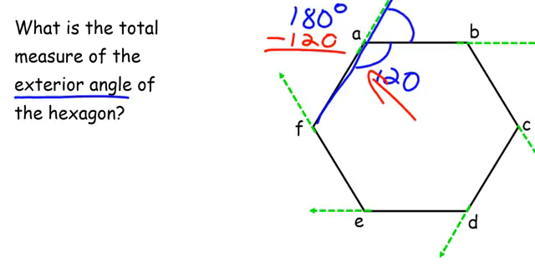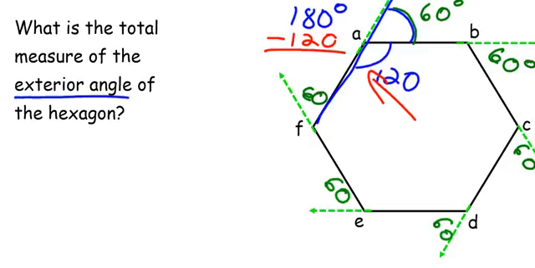And in the end, this angle right here is equal to 60 degrees. And because that's equal to 60, that means this is equal to 60, because all of the angles were the same on the inside. So one of them equals 60.